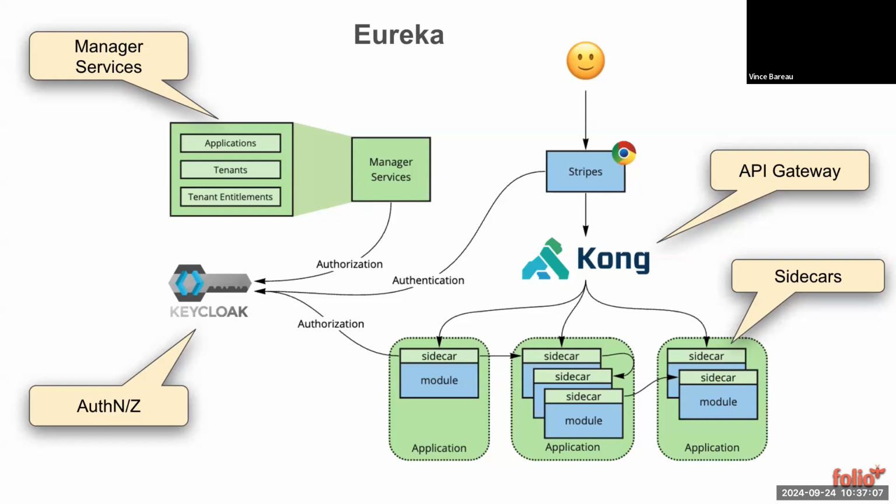It's on top, and the user interacts with Stripes, the UI. But all these different components fall back to Keycloak for doing authorization. So authorization and authentication happen in Keycloak. And we have manager services, which are used as part of the flow to deliver and control access to the different pieces of Folio. So let's talk a little bit about the gateway.